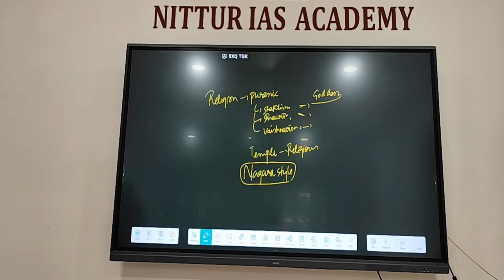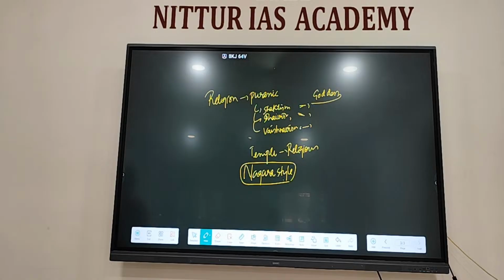Point number 3: in the Gupta's period, Hinduism saw the emergence of various sects, such as Vaishnavism, as several Gupta rulers were devotees of Vishnu.